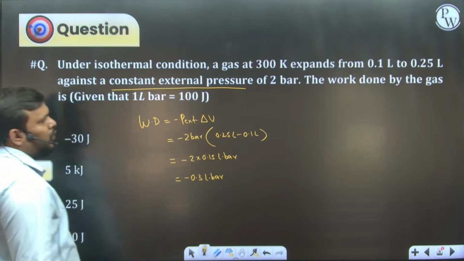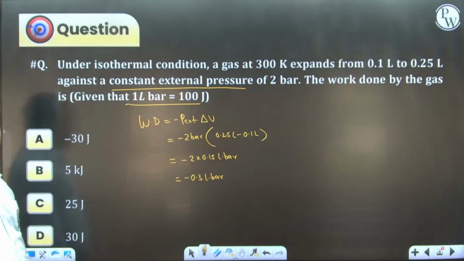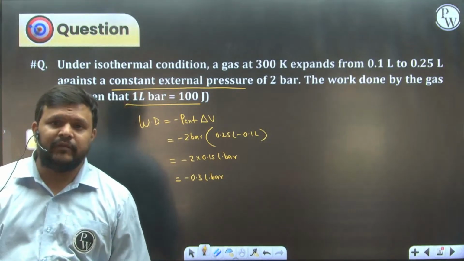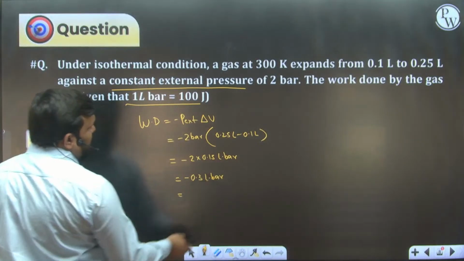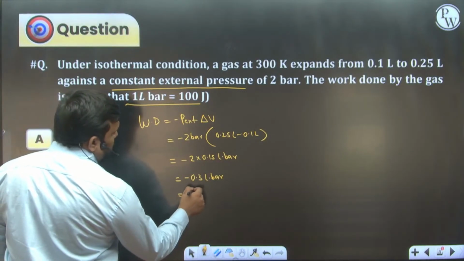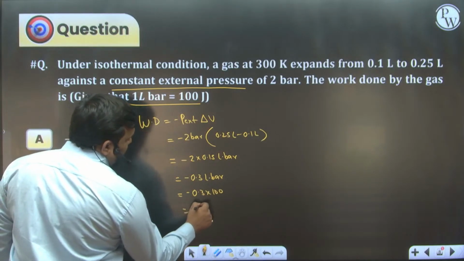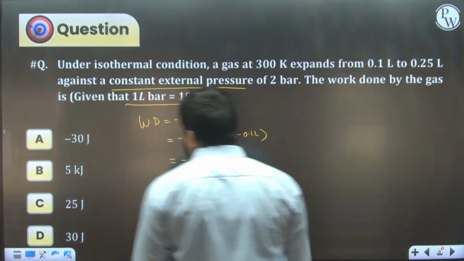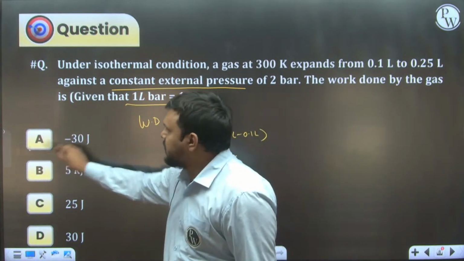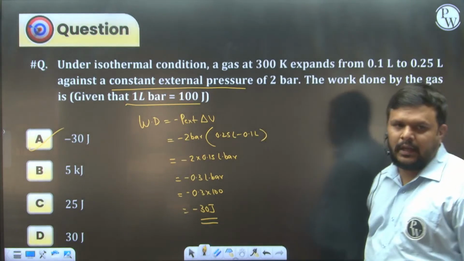Now I told you the conversion. Many times they give us the conversion value, but we cannot say every time they will help us. So you must remember that 1 liter bar is 100 joules. So 0.3 into 100, we get minus 30 joules. The answer is option A, minus 30 joules.